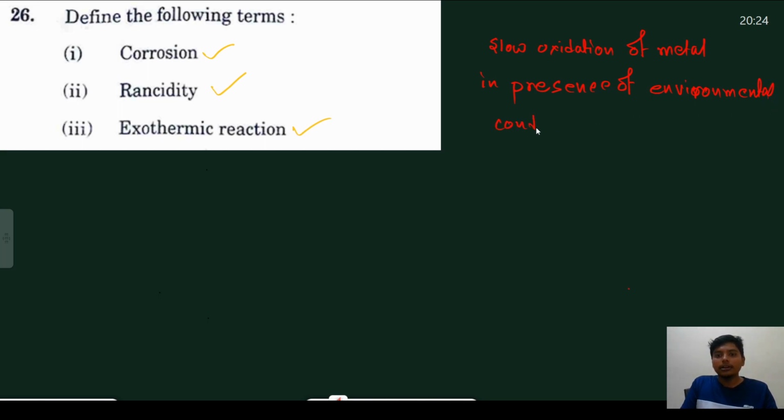Clear? Okay, so it is a slow but spontaneous oxidation in presence of environmental conditions.